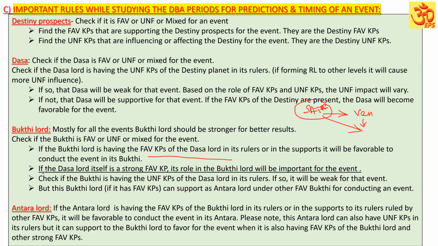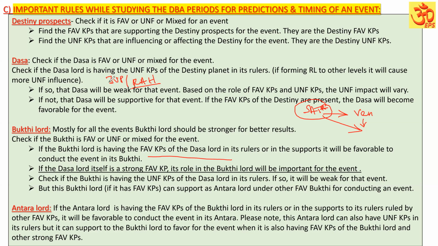Now, if the dasa lord itself is a strong favorable key planet, suppose dasa lord is, say, Jupiter, or Rahu. Whenever Rahu is coming as the strong favorable key planet in the dasa lord, definitely the role of Rahu will be there in the Buddhi lord.